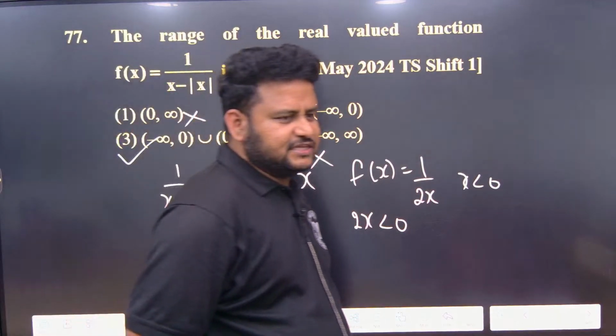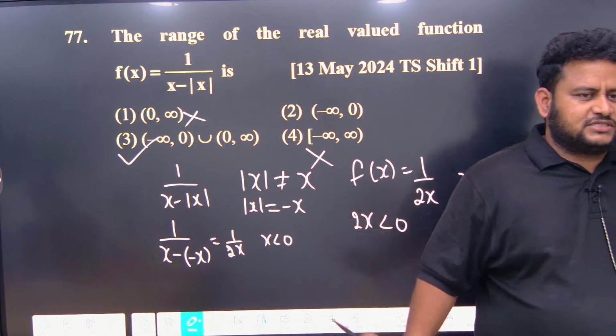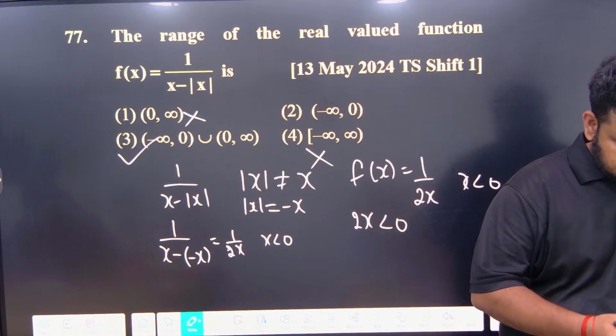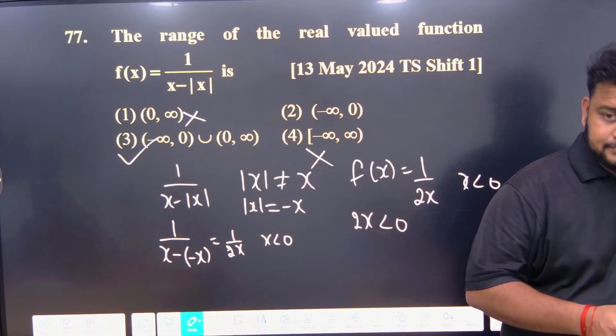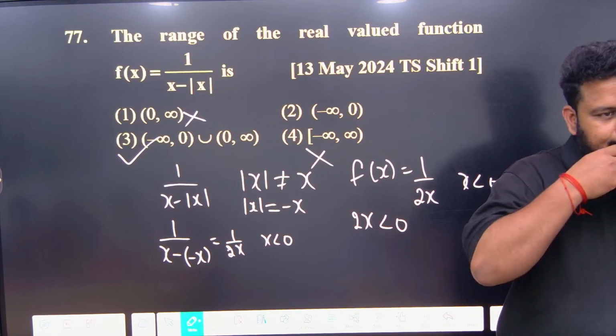I have told you, if you take the reciprocal, what will happen? First write the range of this. 2x is less than 0 means negative, what will you write?